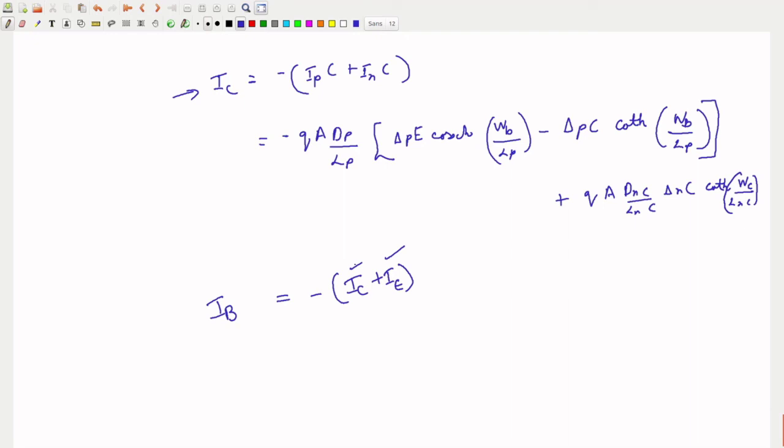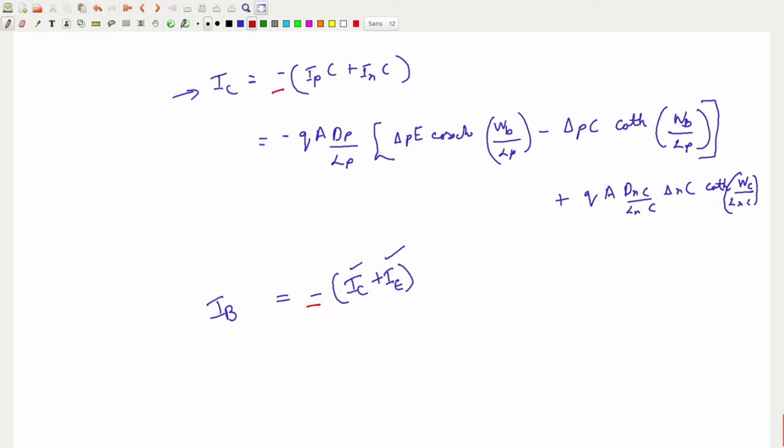Why the minus is being put in case of collector current and base current? Remember the diagram where the emitter current is entering the transistor and the base current and collector current is leaving the transistor.